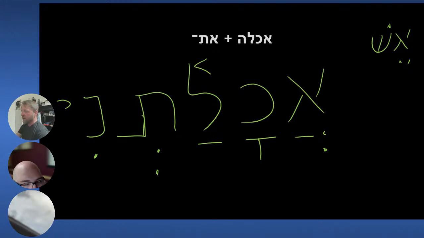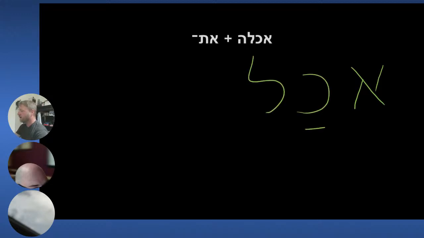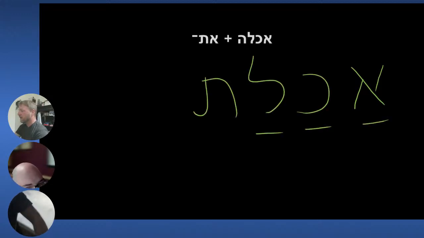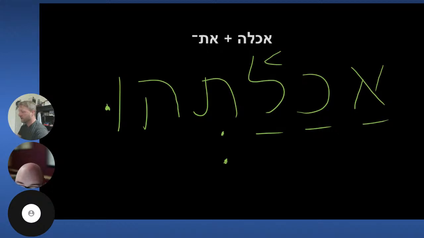So this is why the historical forms are very important. So let's say achalat, and we want to add hu, him. Okay, achalat hu. We want to leave the stress there. So we've got near syllable, we've got distant, near lengthens, distant reduces.